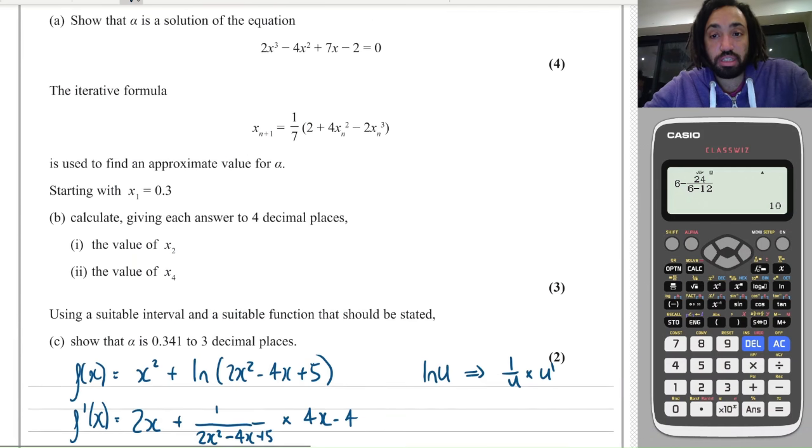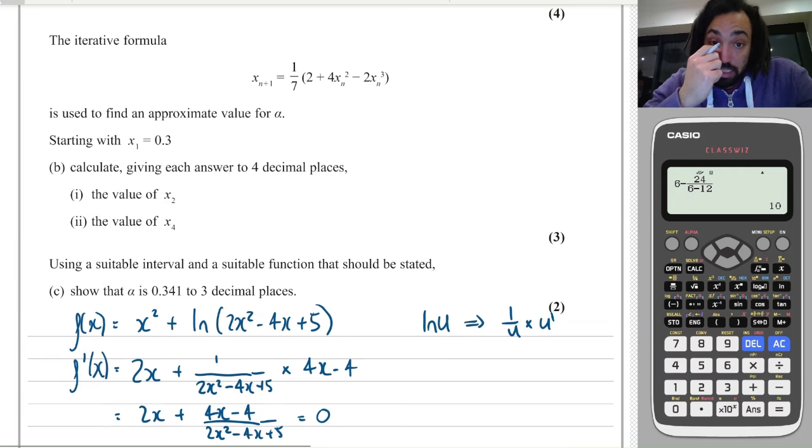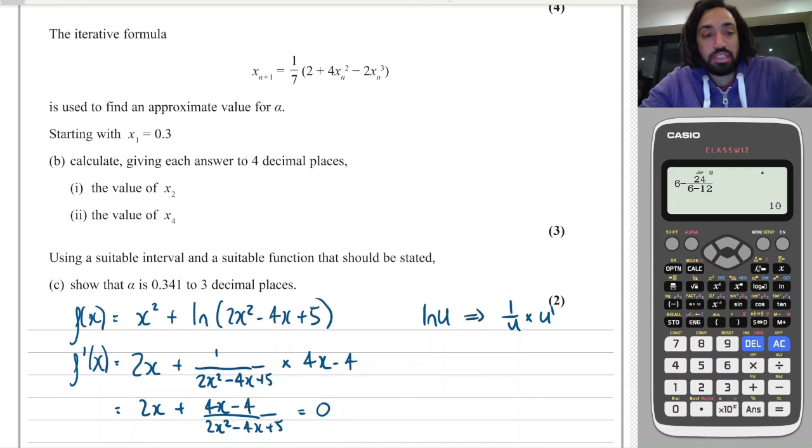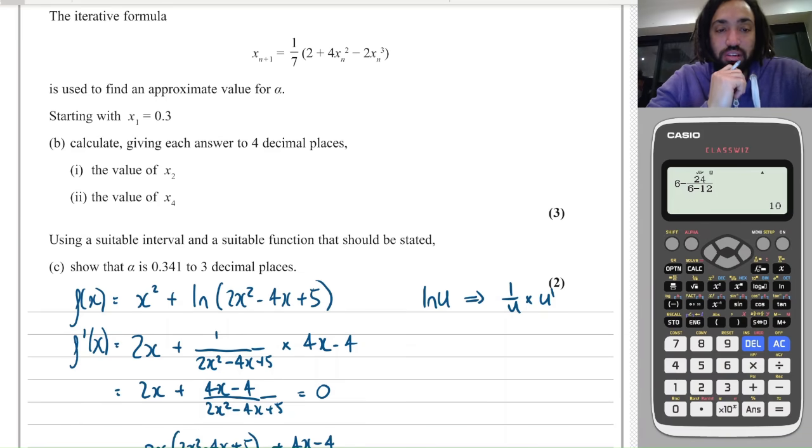Yes, it is. Perfect. Okay, now we are looking at this iterative formula, and it says it is used to find an approximation for alpha, starting with x1 equals 0.3. Calculate, giving your answer to 4 decimal places, the value of x2. Okay, so we're going to need our calculator here.